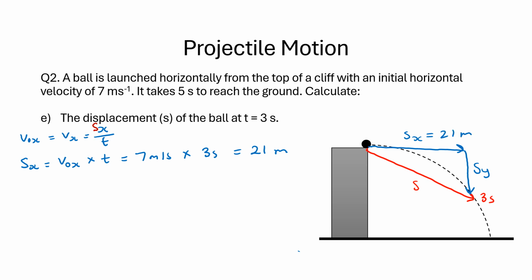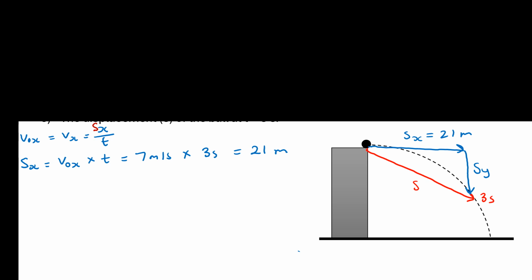Now let's find the value of Sy. For Sy, I will use y equals v naught y t plus half a y t squared. So Sy is equal to v naught y times t plus half times ay times t squared.